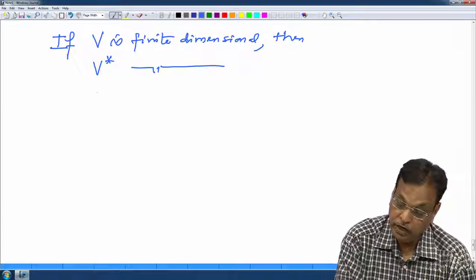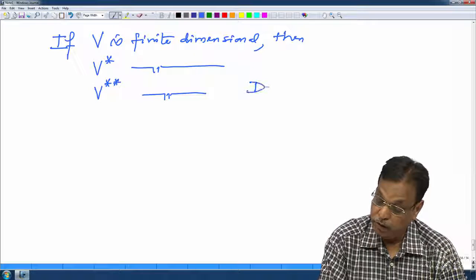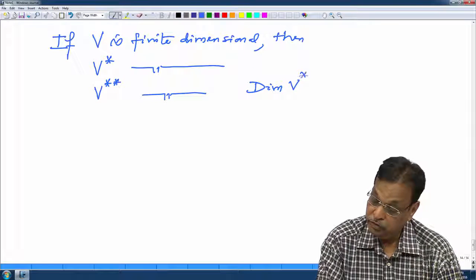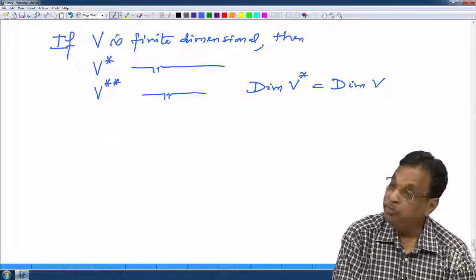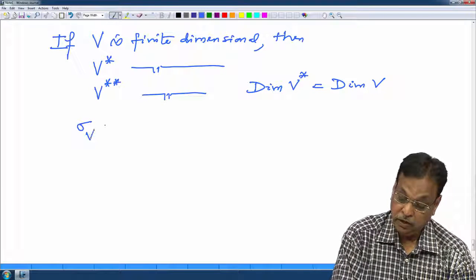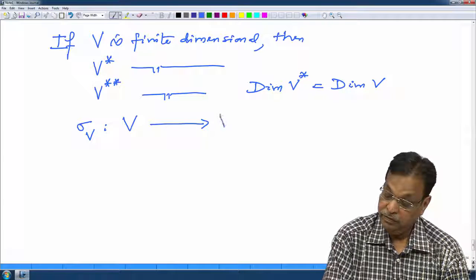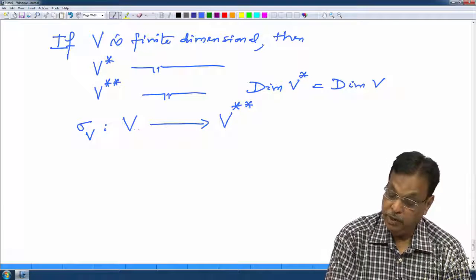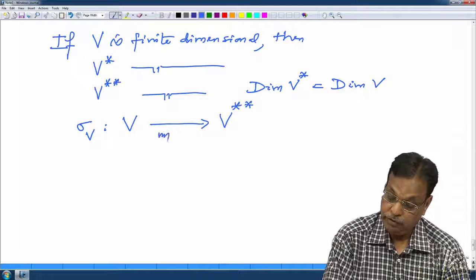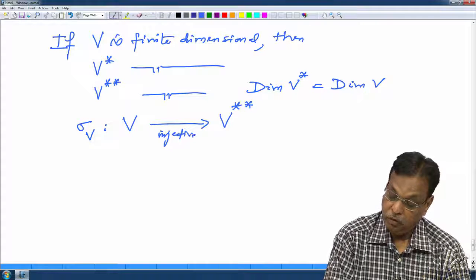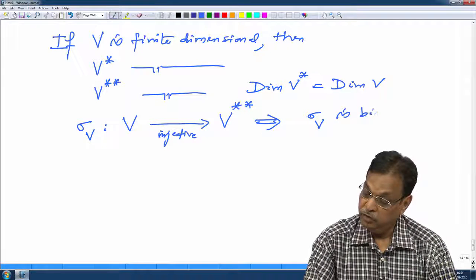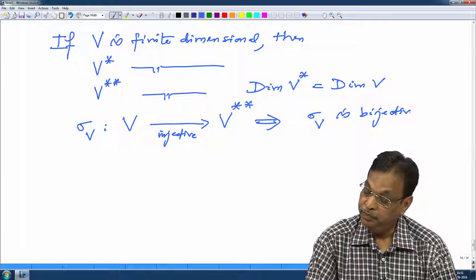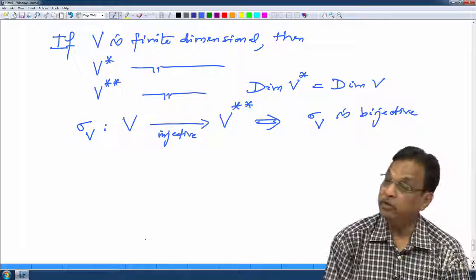Now once again applying that, V double star is also finite dimensional and the dimension is equal to dimension V star, which is also dimension V. So the linear map sigma V was from V to V double star, both have the same dimension, and this map we have checked is injective. Therefore by the pigeonhole principle, sigma V is bijective. So it gives an isomorphism between V and V double star.